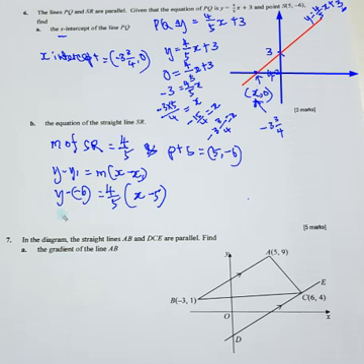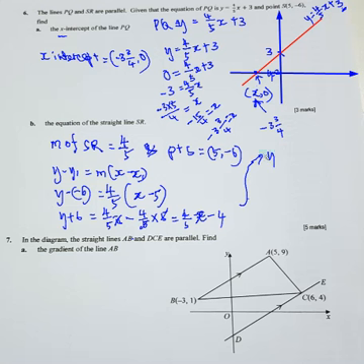Now simplified further, y plus 6 equal to 4 over 5 times x minus 4 over 5 times 5. Cancel. So what you have is 4 over 5x minus 4. Now I'm going to simplify it further.